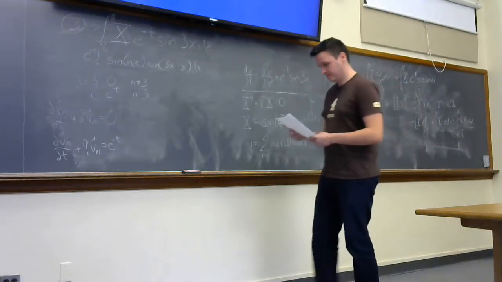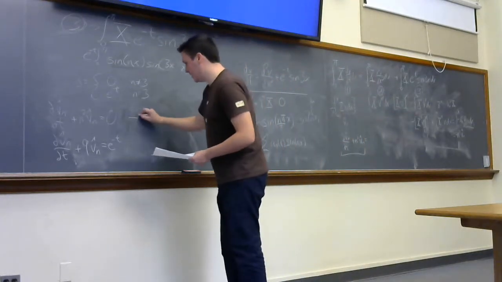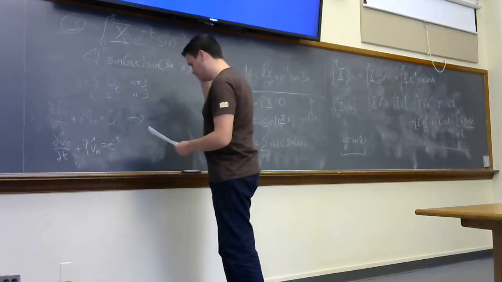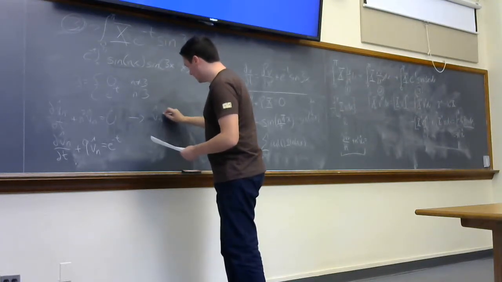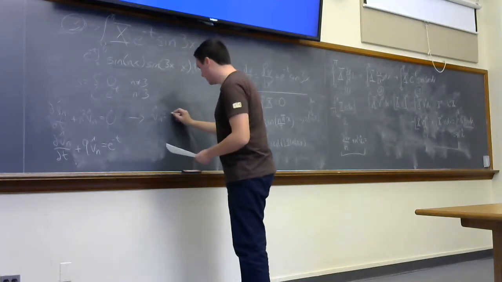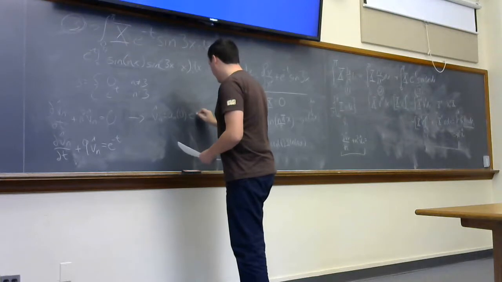So for this, you get something like, what is it? V_n is equal to a_n 0.